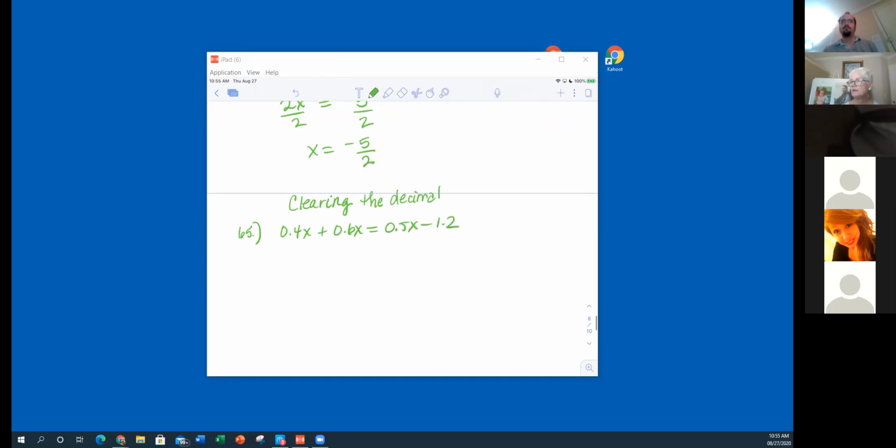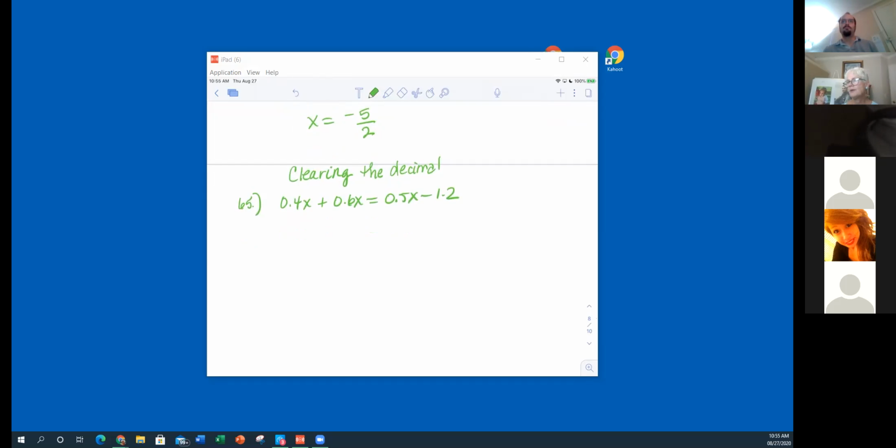Notice we've got these decimals here. Not really a problem, especially if you're using a calculator. You do not have to worry about clearing them if you don't want to, but some people like to clear them. Notice that everything is in the 10th place, right? All the decimals are in the 10th place. So that means I'm going to multiply every single term by 10.